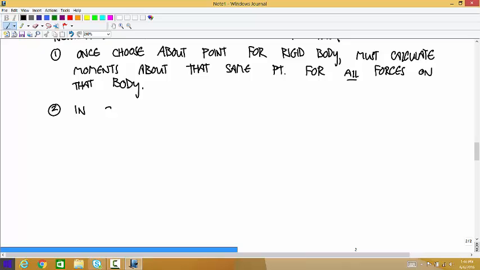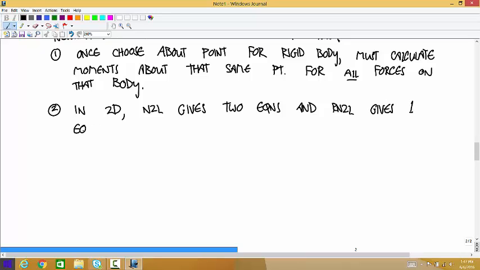Second, in 2 dimensions, Newton's second law gives 2 equations, and rotational Newton's second law gives 1 equation, and so therefore you get 3 useful equations for each rigid body.